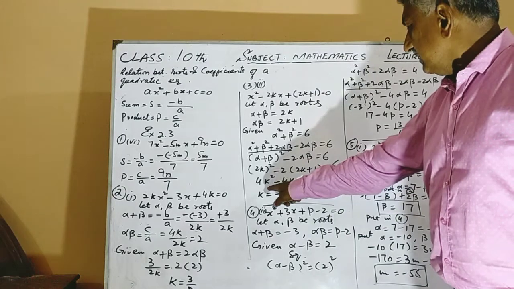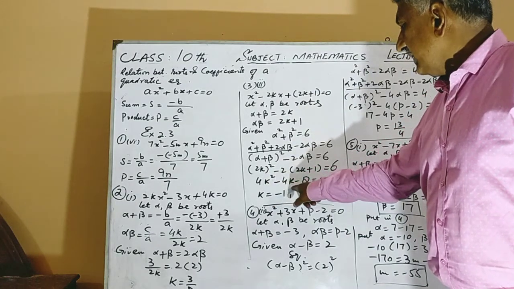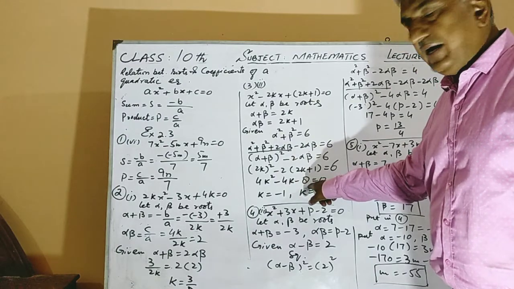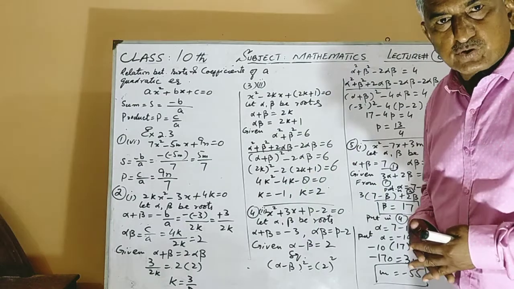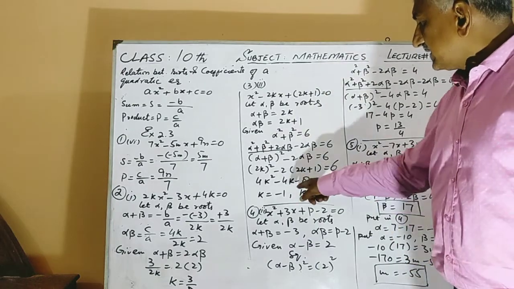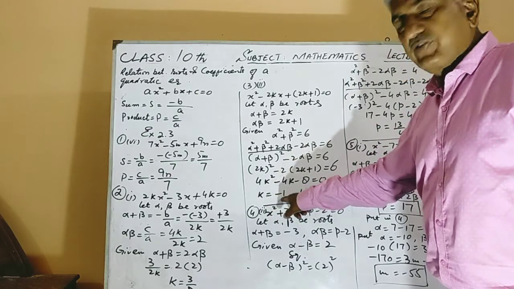We will get 4k square minus 4k minus 8, and after factorization, or in some cases using the quadratic formula, we get the values of k, that is minus 1 and 2.